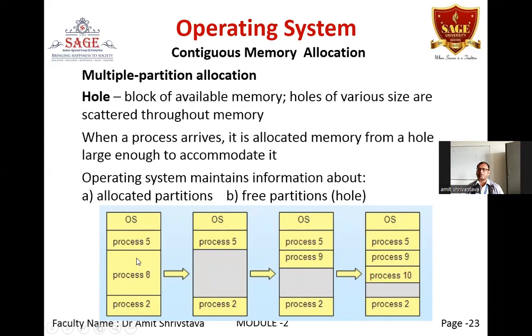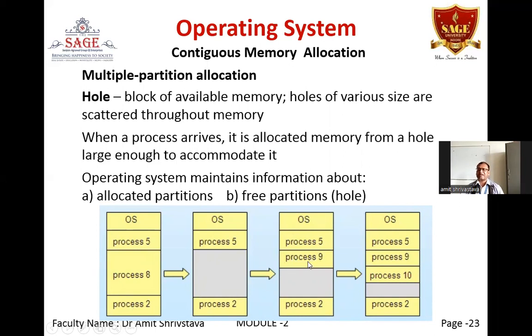So suppose this is the scenario: operating system, and we have got three processes here, process 2, 5 and 8. After some time, process 8 finishes its execution. So we are left with free memory here. This is what we are calling the hole. Let us say after some time, process 9 comes and it doesn't require the complete memory. So whatever memory process 9 requires, we will allocate from this free memory or this hole.